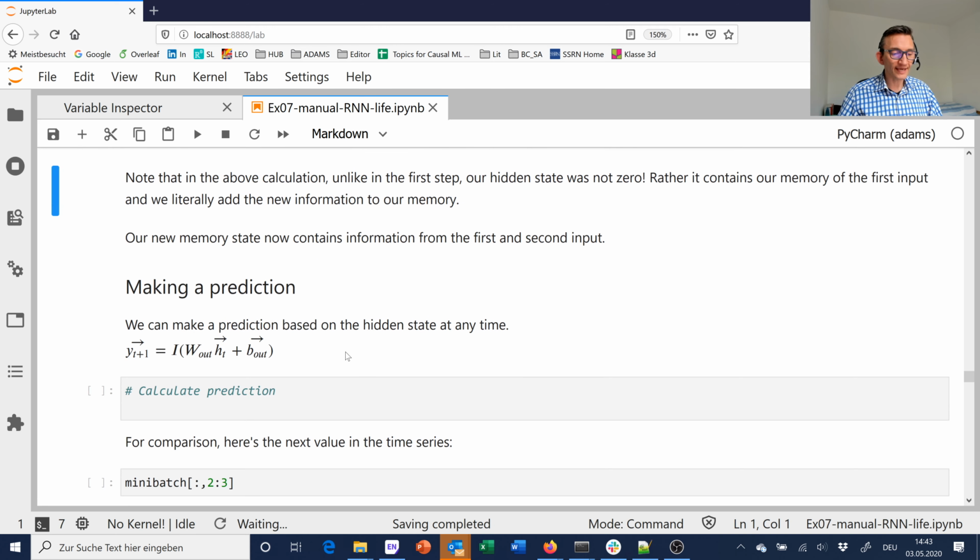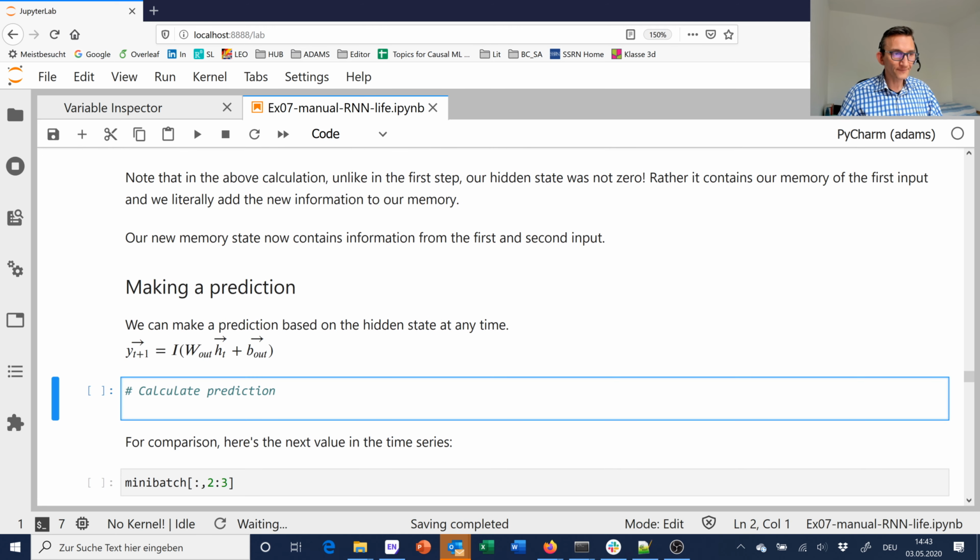At any point in time, we can calculate a forecast by using our current hidden states. We just have done 2 updates. We have inputted the first 2 elements in our sequence, and we could calculate the output based on the current hidden state and the weight matrix that connects the hidden state to the output layer.